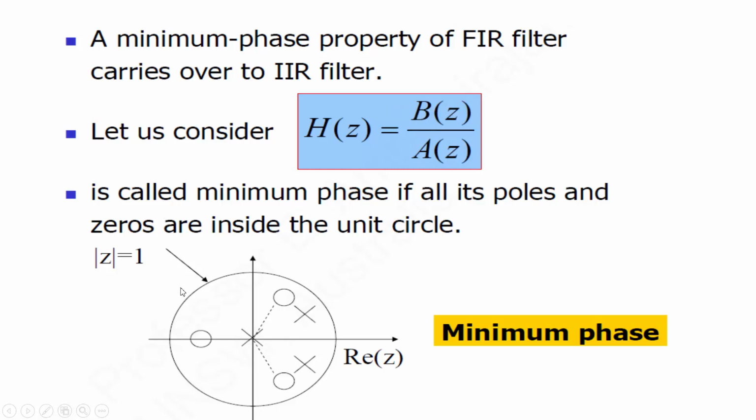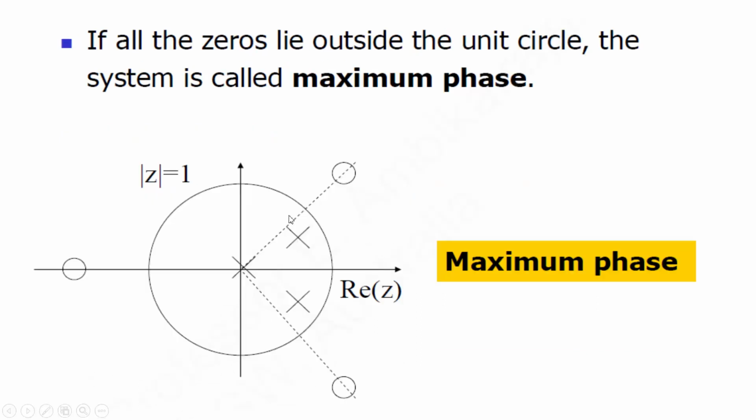Now this system is called a minimum phase if all its poles and zeros are inside the unit circle. All poles, of course, for a stable system will lie inside the unit circle, and zeros are also inside the unit circle. That will be a minimum phase system for the IIR type. And if the poles are inside the unit circle but zeros lie outside the unit circle, along the x-axis is the real part of z, along the y-axis is the imaginary part of z, because z is a complex number.